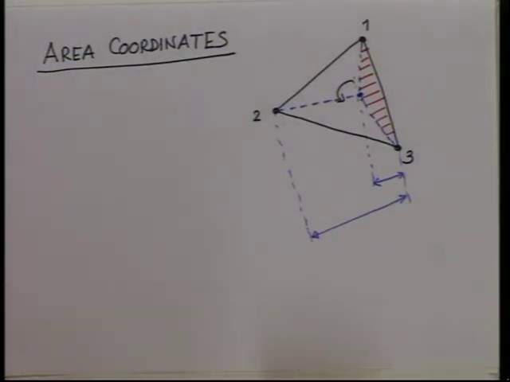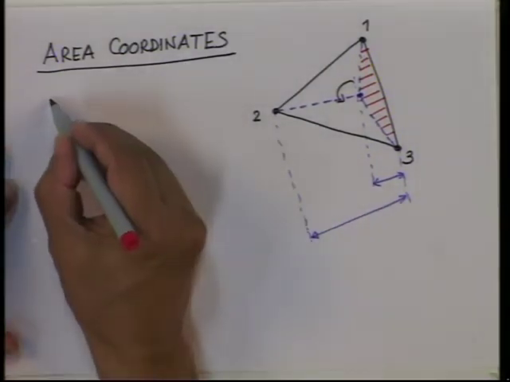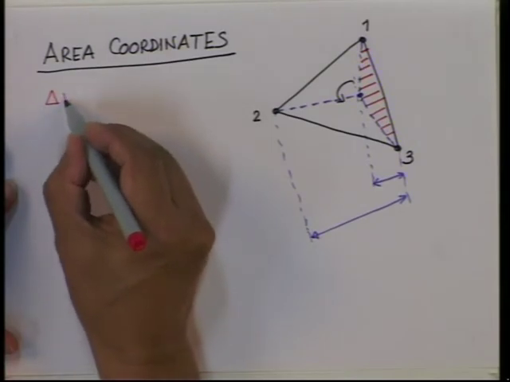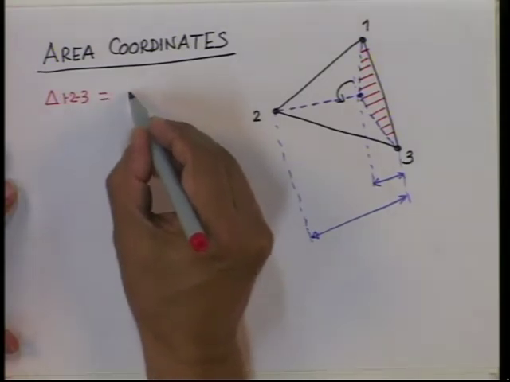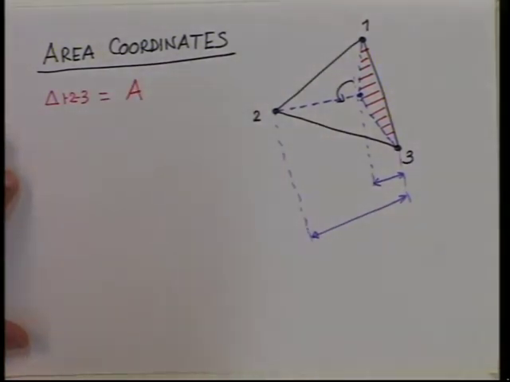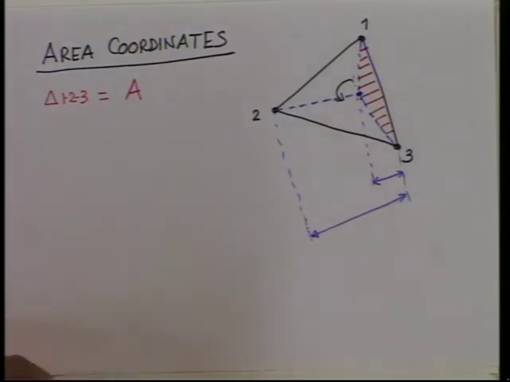We define the triangular area 1, 2, 3 as A, or delta, or whatever you want to call it.